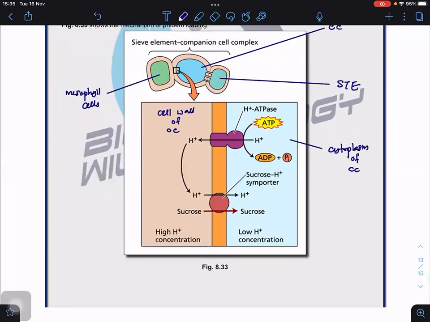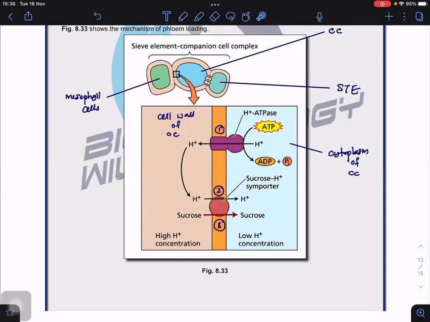Okay, so what actually happens now? I can divide it into three processes: first, second, and third. In the first place, it is active loading, which means active transport actually takes place. ATP is used to phosphorylate the proton pump. This one, H plus ATPase, is the proton pump.